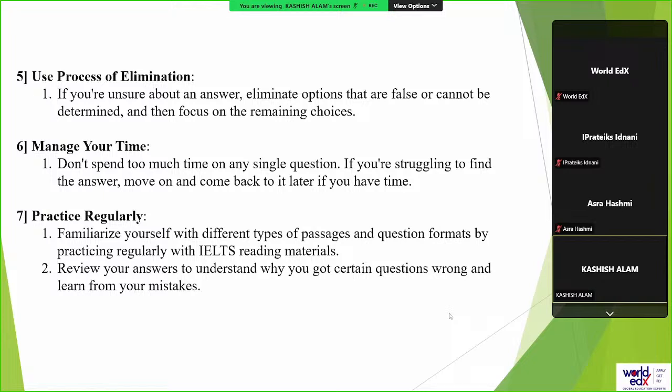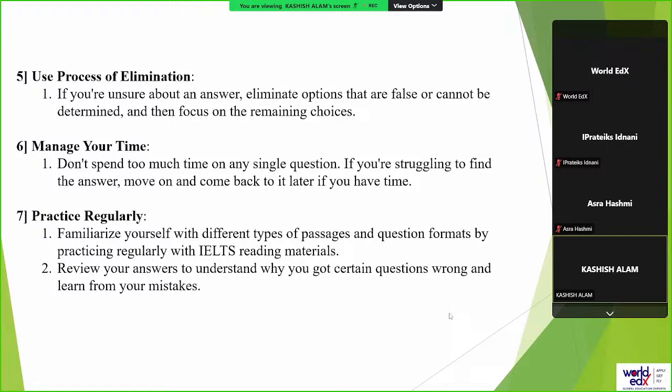Just to solve one question, do not put your next 5 to 6 questions at risk, because those 5 to 6 questions are going to give you 5 or 6 marks. That will definitely give you a good band score. But if you're wasting your time on just one question, that's not worth it at all. So if you are struggling to figure out the answer, leave it at that point of time and move ahead to the next question.